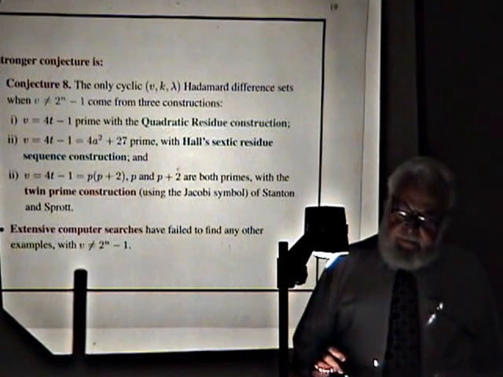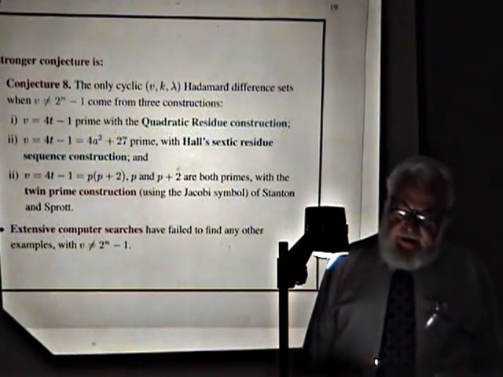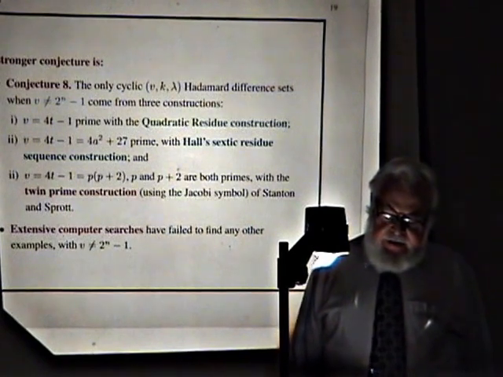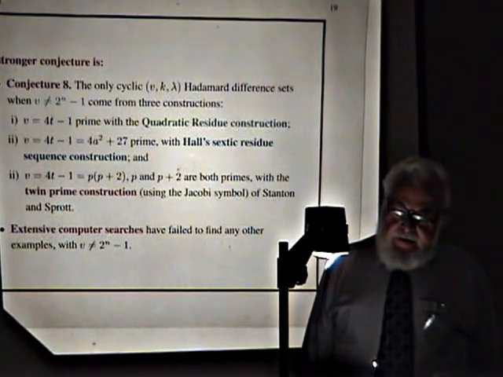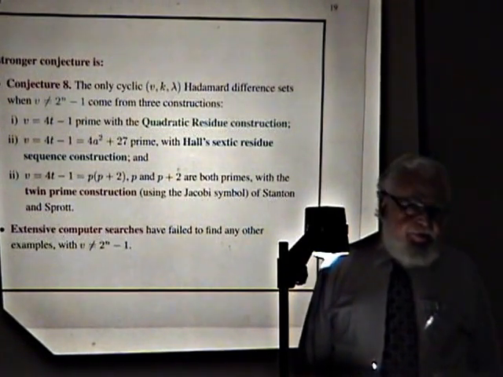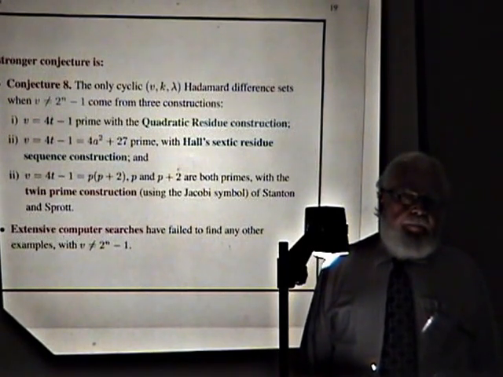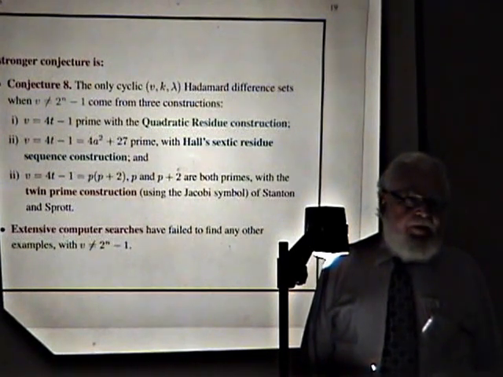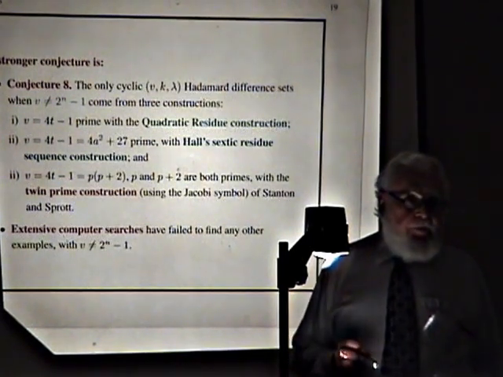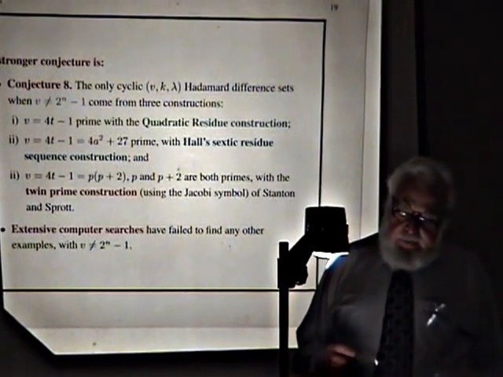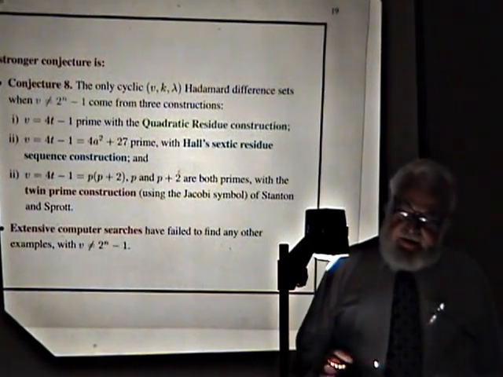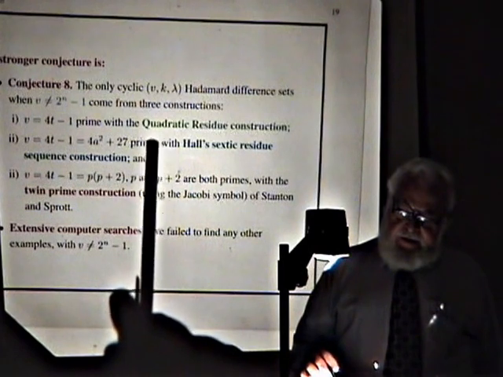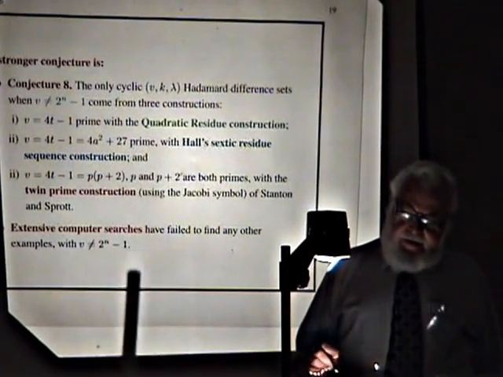And the third example, first found by Stanton and Sprott, and independently by the late Al Whiteman of the USC Math Department. The Stanton and Sprott paper, when I read it carefully, merely said that this was a construction for Hadamard sequences, but they didn't observe the cyclic property, which was explicitly observed in Whiteman's paper: when you have a period which is a product of twin primes, you can use something very similar to the Legendre sequence, the generalization to composite cases.